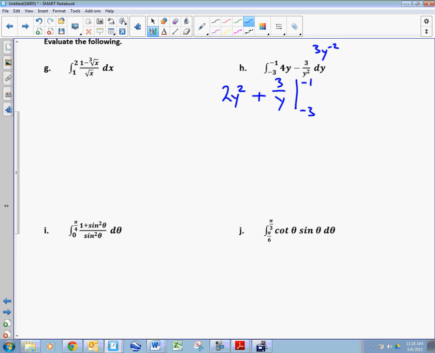Now I plug in negative 1, 2, minus 3. I'll take that quantity minus... 18 minus 1. So I have negative 1 minus 17 is negative 18.